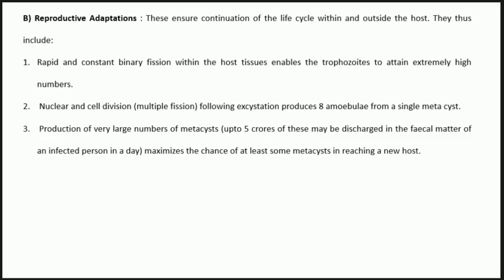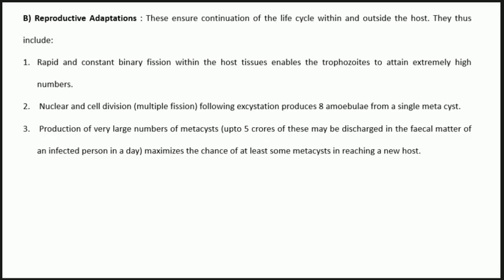So how does this division actually take place? There were 4 nuclei, then 8 nuclei form, and suddenly 8 cells form from a single cell. Following encystation, 8 amoebae are produced from a single metacyst, so this increases the number rapidly.